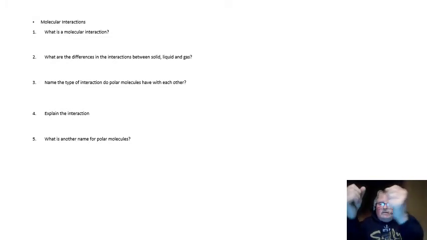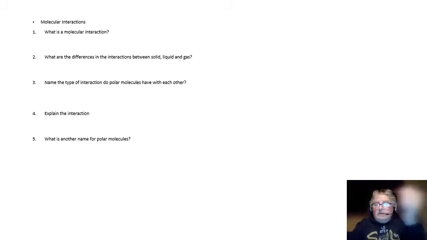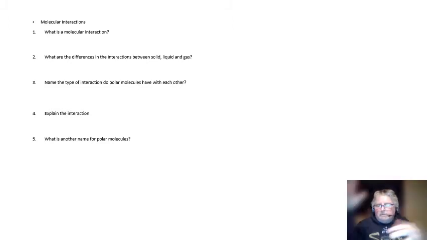What we're looking at is, if 2 molecules see each other, how are they going to interact? Sometimes they're going to like each other and stay real close to each other. Sometimes they're not going to like each other and they're going to repel. And sometimes they don't even care. So that's what we're going to talk about here.